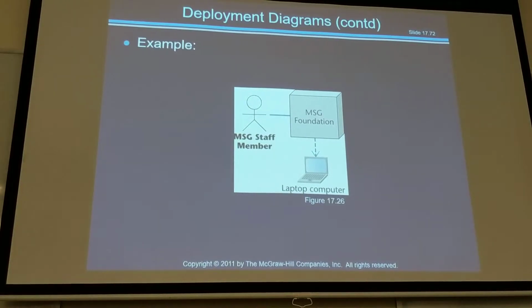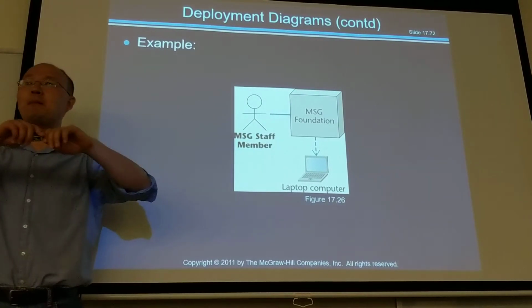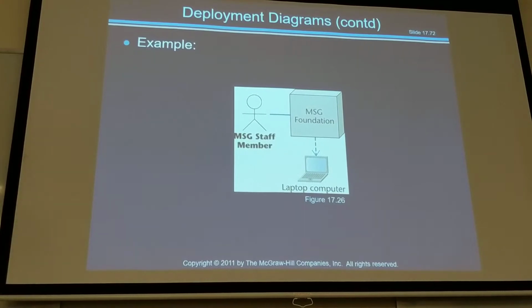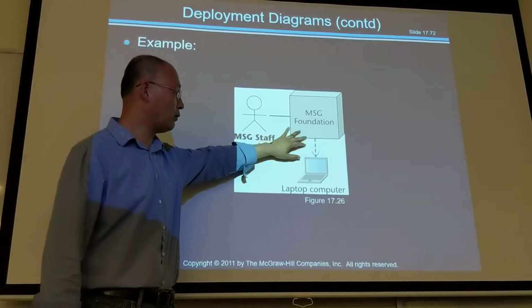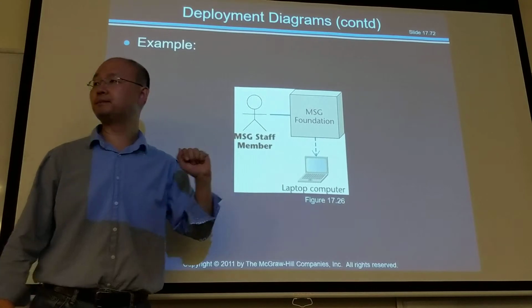In terms of a deployment diagram, you say my client sits on the client computer, my server sits on the server, but they may actually be the same computer, as you'll probably have. Your computer basically serves two jobs, one is the server, the other is the client. So that's deployment: who is going to use that system, and where that system is actually deployed.